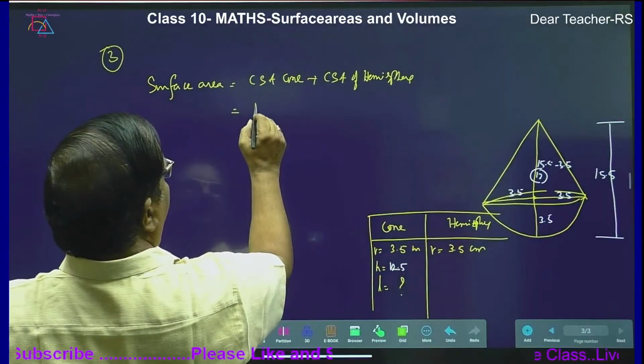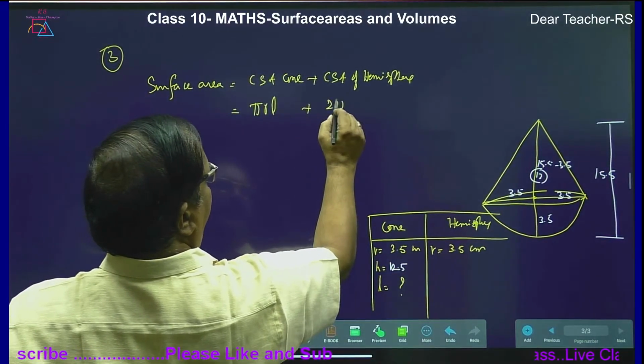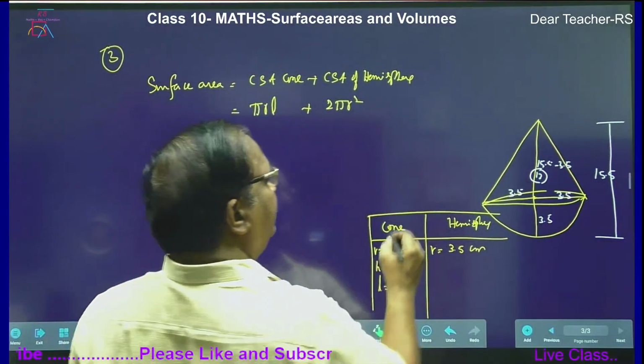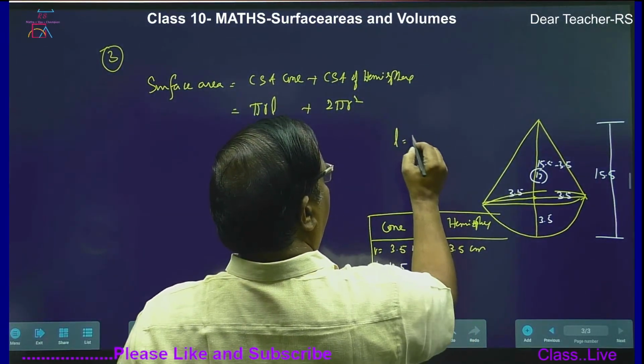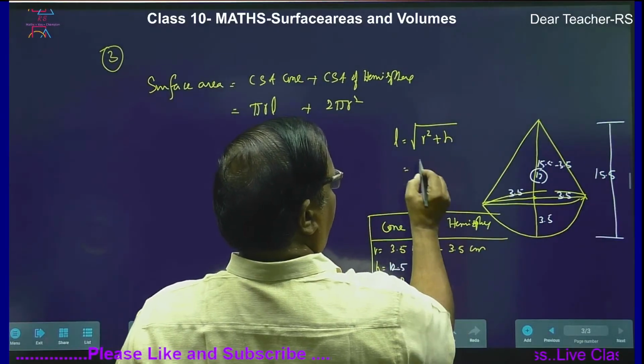CSA of cone is how much? Pi r L, and this is 2 pi r square. Now L we don't know. L you should find out. So now L is equal to square root of r square plus h square, Pythagoras theorem.